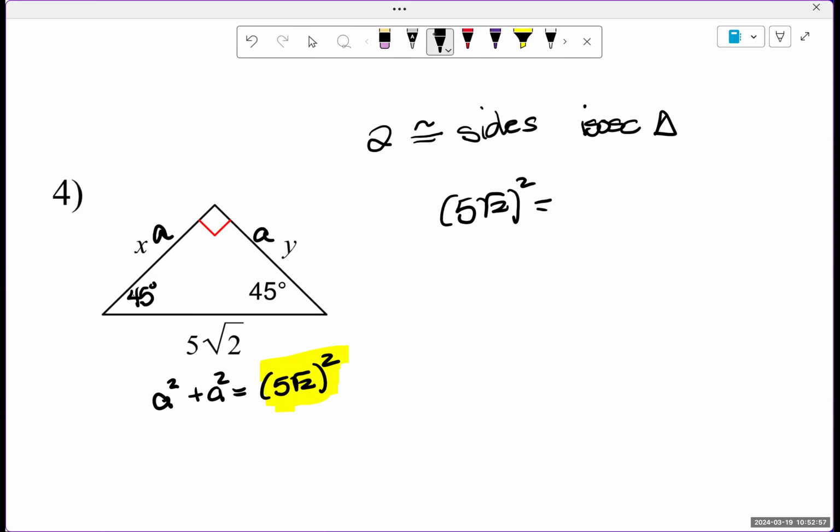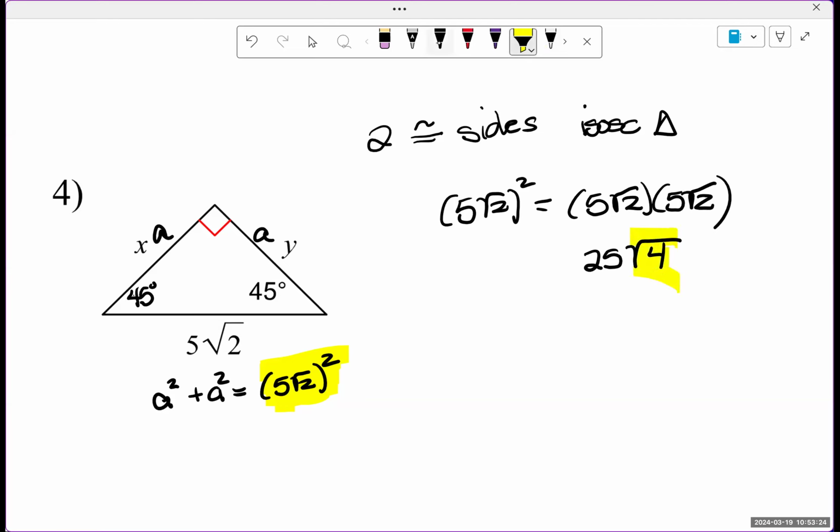Okay, the first thing I'm going to do is write it twice. And I'm going to multiply outside with outside, inside with inside. But this is a perfect square.